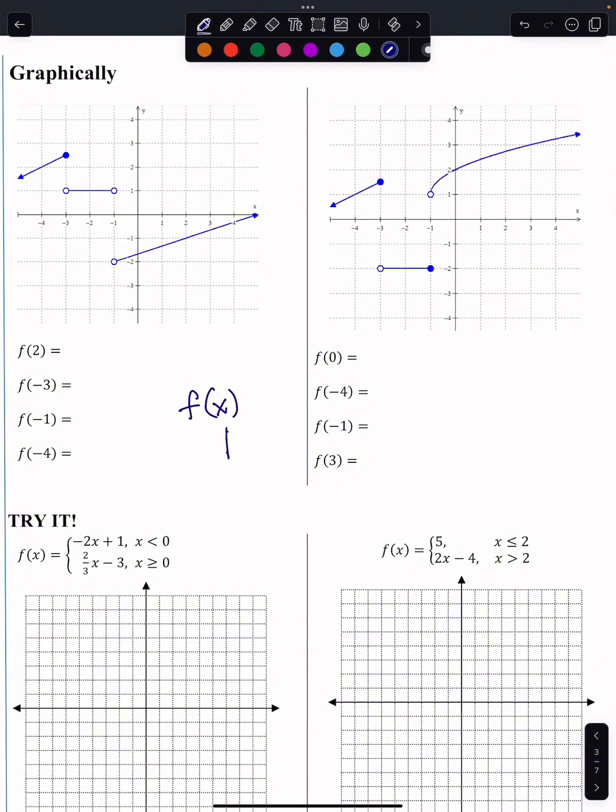Okay, so with that being said, here I got to go to f of 2. So I got to go where 2 is and see where it touches anywhere on our graph. And it touches right there, which happens to be over here at negative 1.